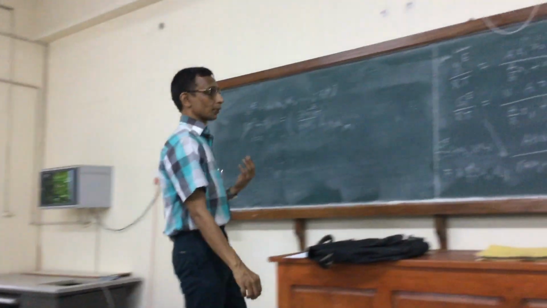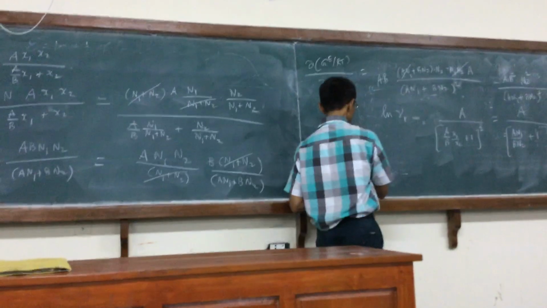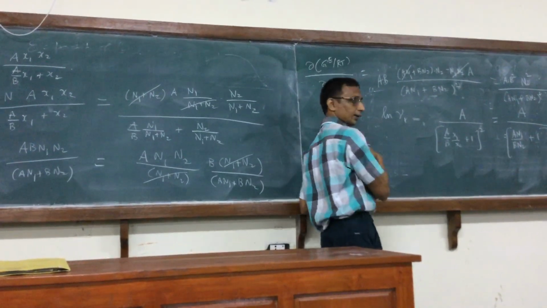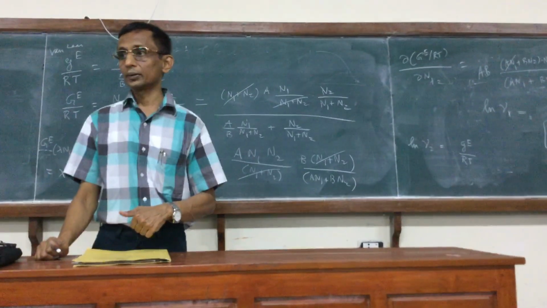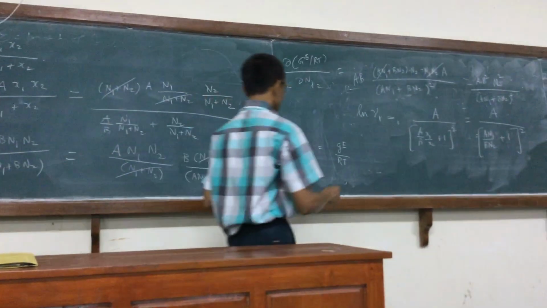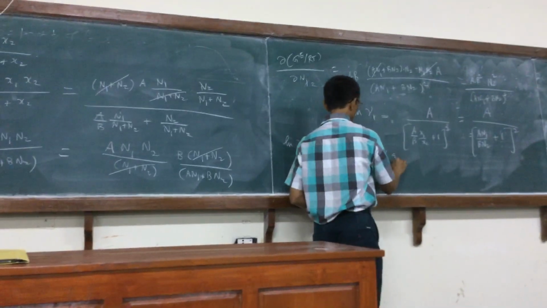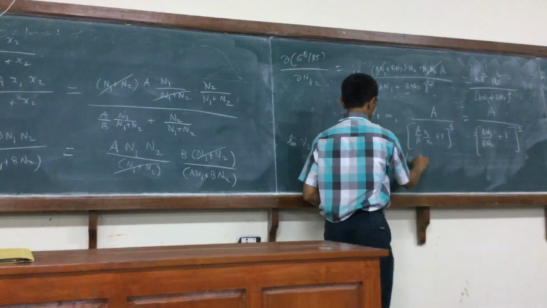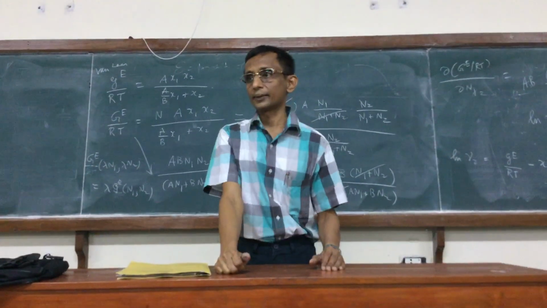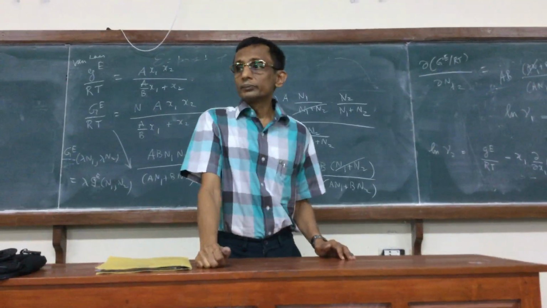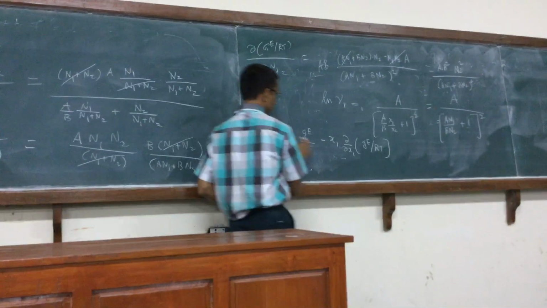If you look at the partial molar property of component 2 in a binary mixture, the expression here would be GE by RT, that's the analogous specific quantity, but I'm just dividing by RT, and then minus x1 d by dx1 of GE by RT. You have to convince yourself that this makes sense.